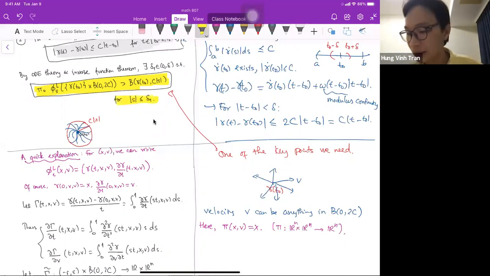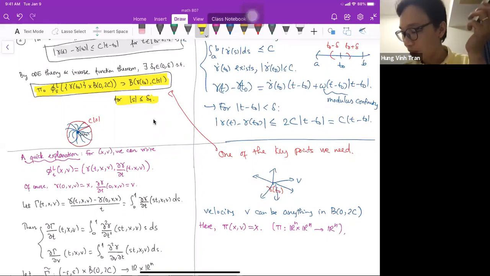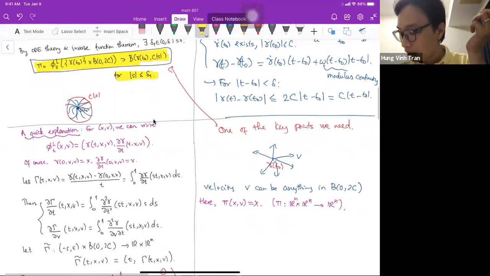However, as I said, this already occurs in many literature, so I'm just going to do it quickly because this was already explained and done many times.